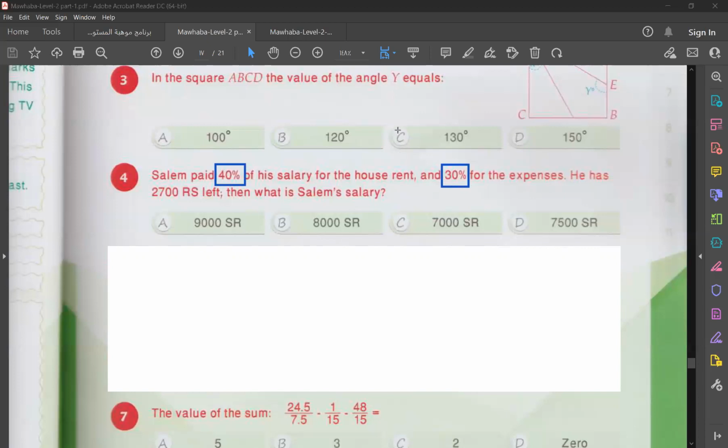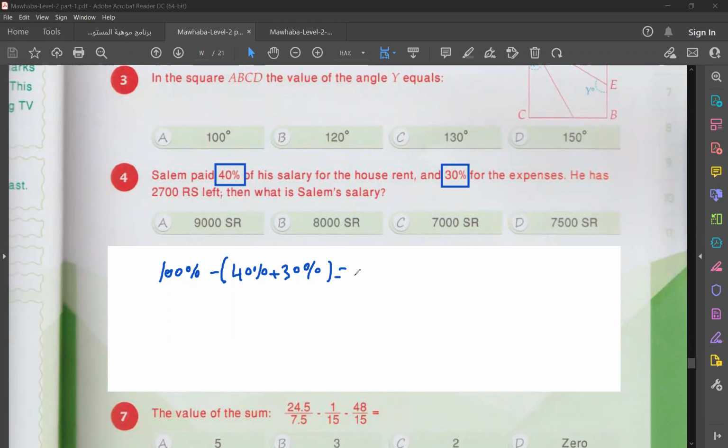Now, what is the remainder? What is the balance? Because the salary will be 100%, right, minus what Salim spent? He spent 40% and also 30%.